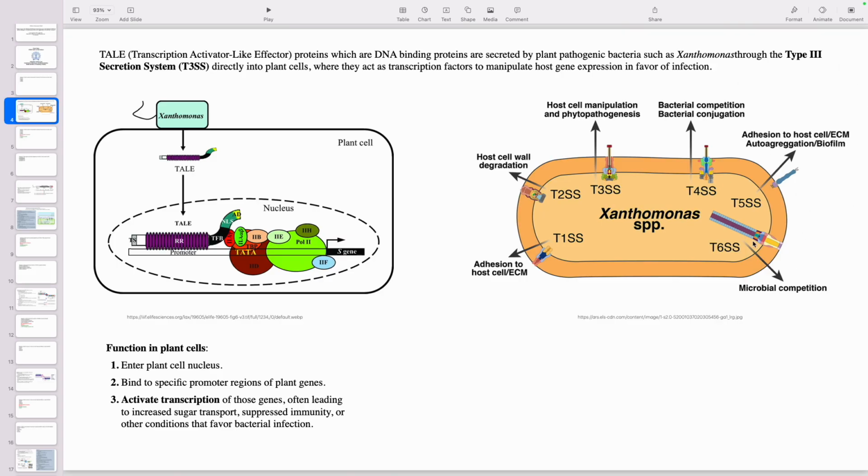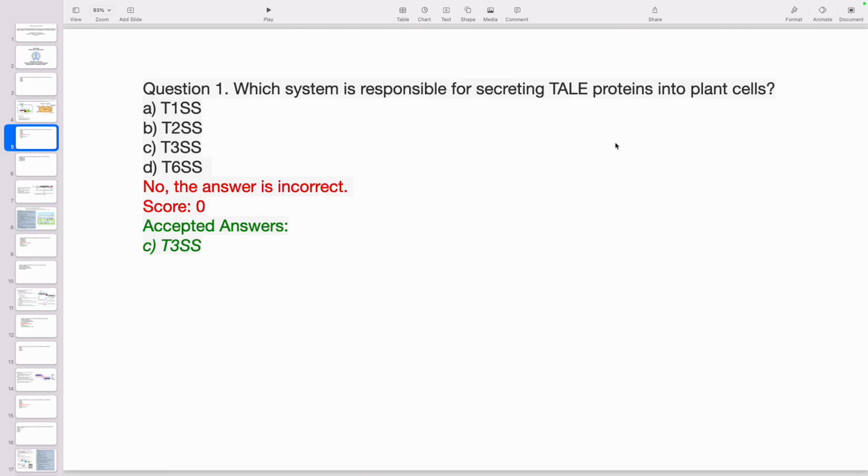And T6 secretion system includes microbial competition. So this TAL protein, which goes into the plant nucleus and takes over the transcription machinery in order to increase its infection, is secreted by the T3 secretion system of the bacteria. So the correct option is option C, T3 secretion system.